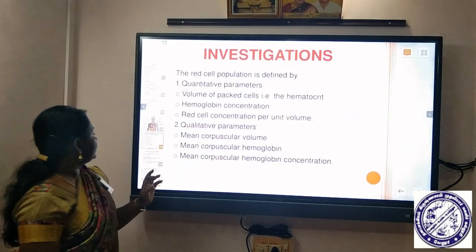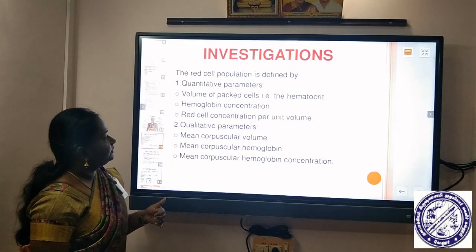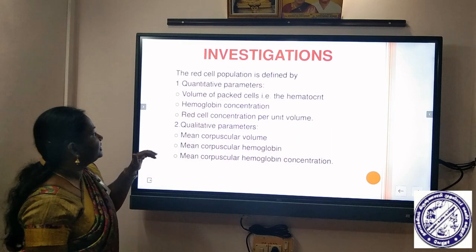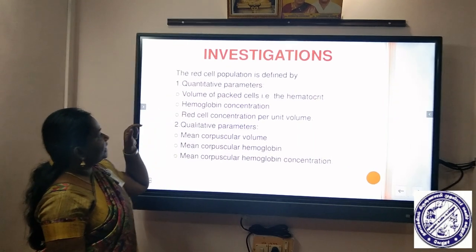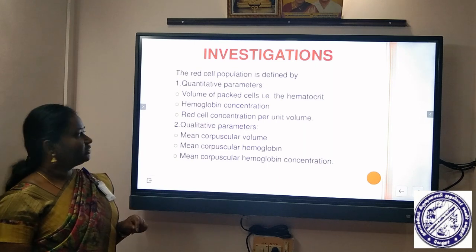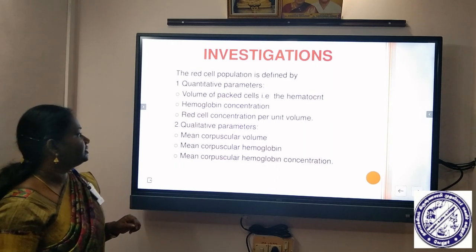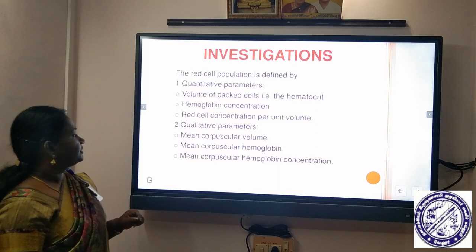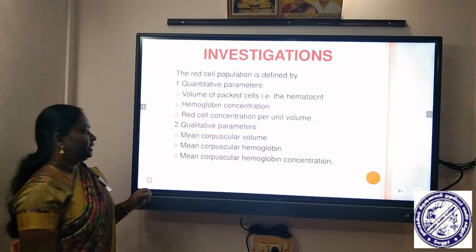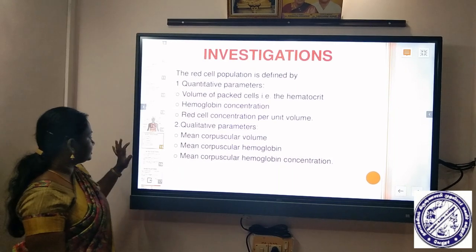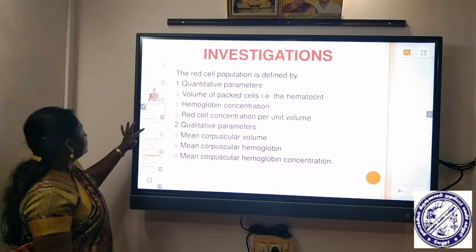And coming to the investigations, there are many lab investigations, clinical and biochemical laboratories available. Quantitative parameters we have to see are packed cell volume, hemoglobin concentration, and red cell concentration per unit volume, and for qualitative parameters, mean corpuscular volume, mean corpuscular hemoglobin, and mean corpuscular hemoglobin concentration will be noticed.